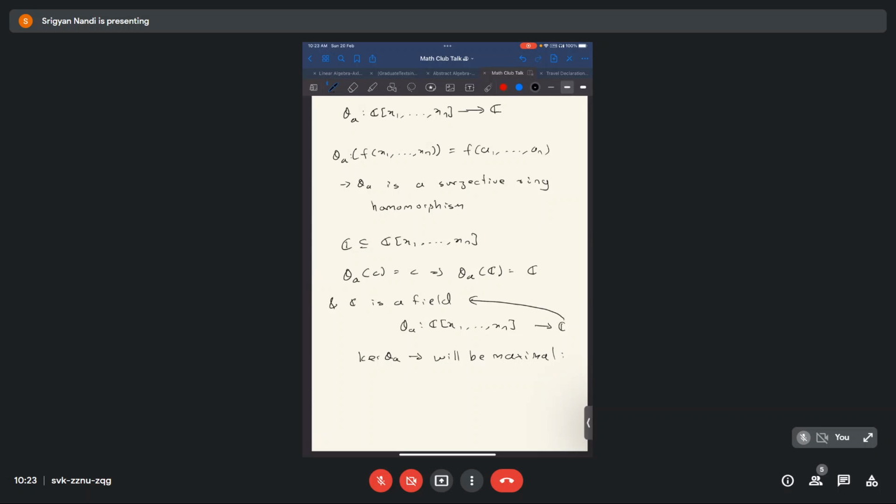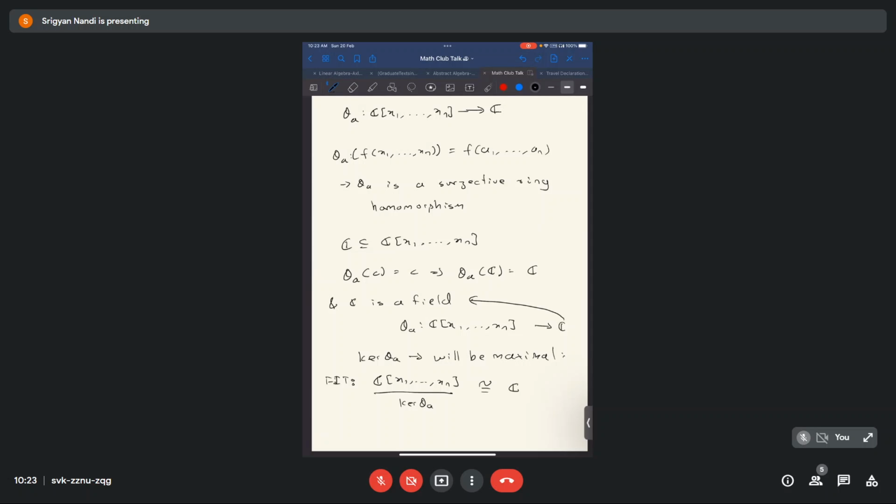This follows from the first isomorphism theorem. Since we have this map, the first isomorphism theorem implies that C[x1, ..., xn] over the kernel of theta A is isomorphic to C itself.